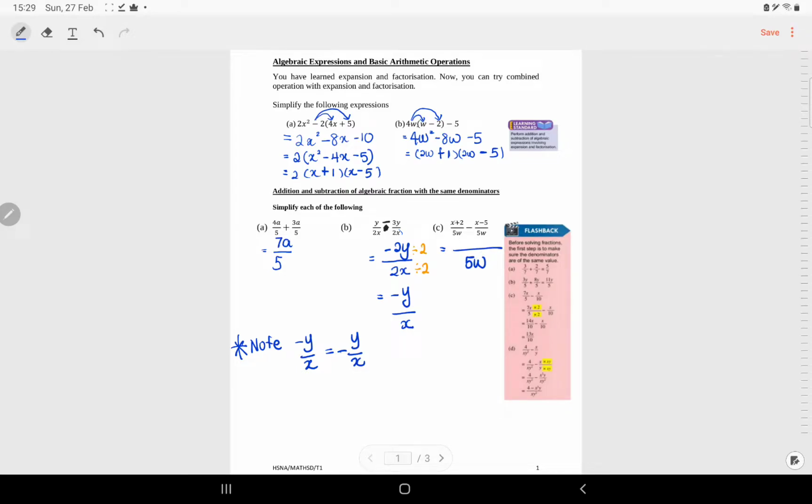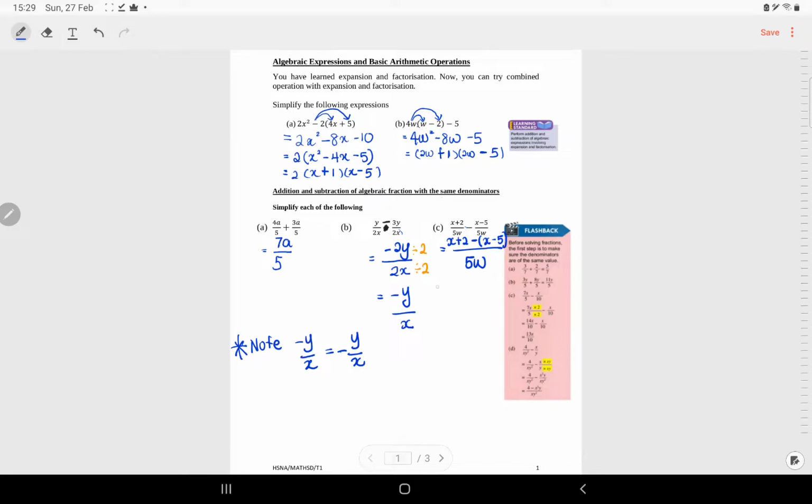Now what we can do is x plus 2 minus x minus 5, and we're going to make use of brackets. This is very important because now it is not a single term, but you're subtracting two terms here. So x plus 2 minus, using brackets, x minus 5.